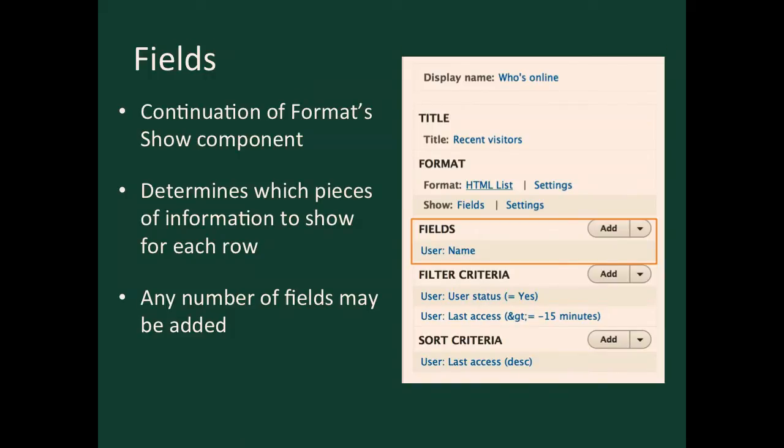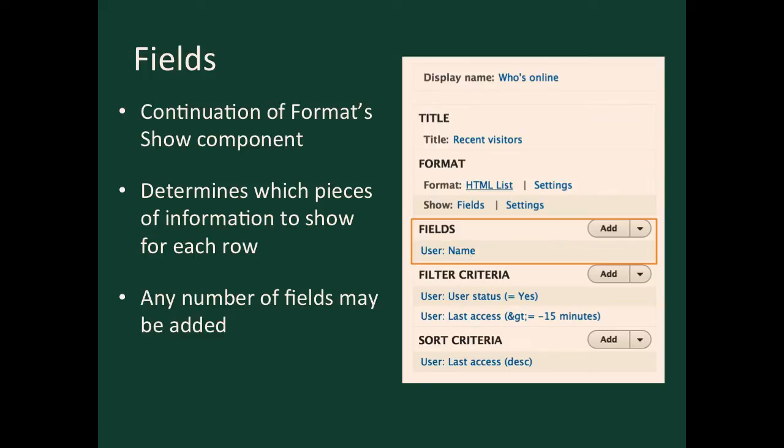So fields, which is the next thing in the left-hand column of configuration, it's a continuation of the format, insofar as you could think of all of the fields as being the settings of the show fields configuration.